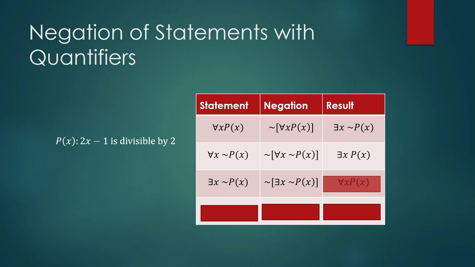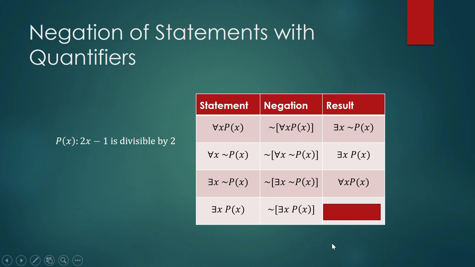Its negation: for all integer x, 2x minus 1 is divisible by 2. There is an integer x such that 2x minus 1 is divisible by 2. Its negation: for all integer x, 2x minus 1 is not divisible by 2.